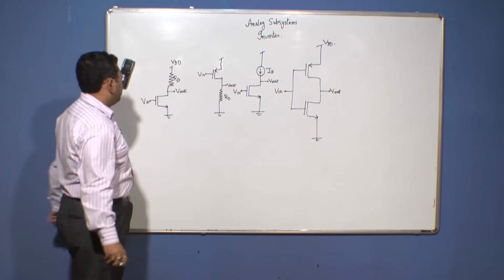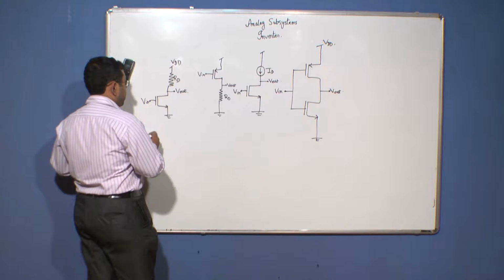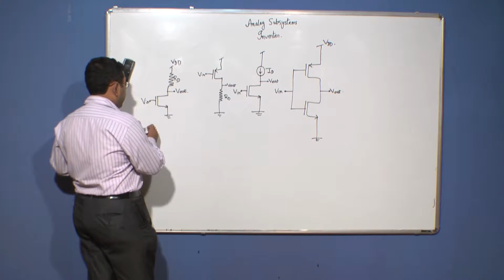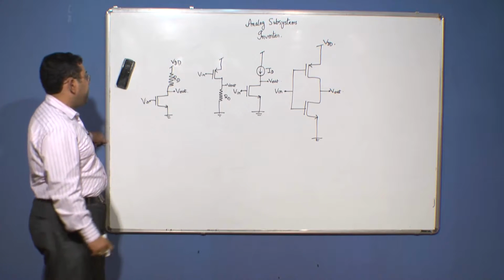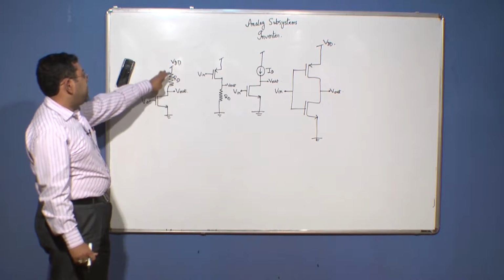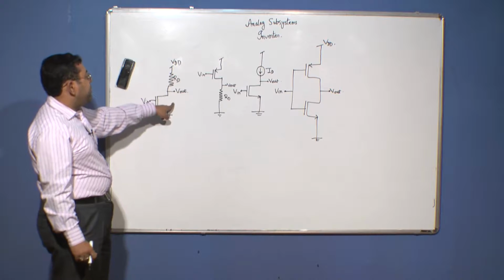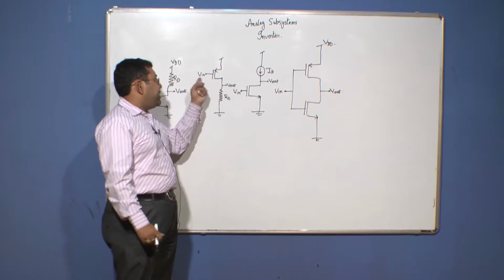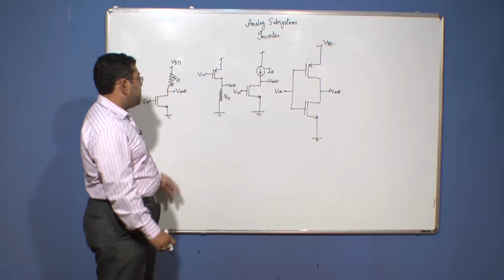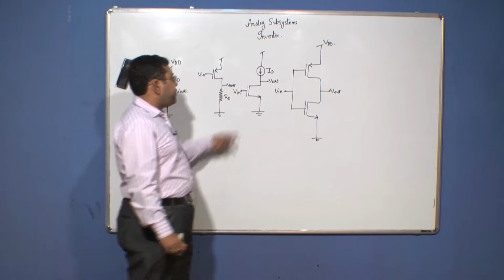Okay. So, we see the different configurations of inverters. The first one is basically the resistive load NMOS inverter, which is the simplest of its kind. The second one is the PMOS equivalent of it, a resistive load PMOS inverter.